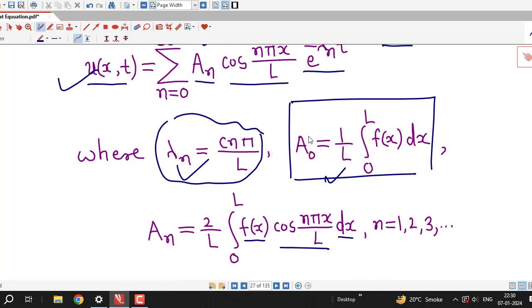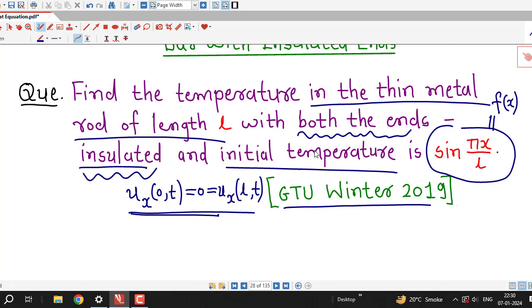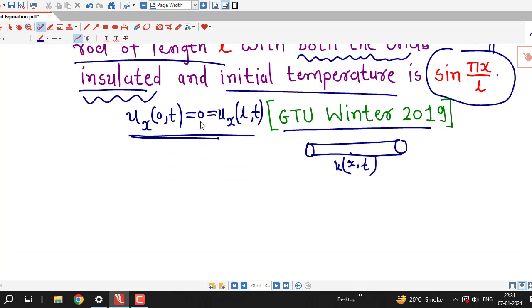So we know that whenever we are interested in the measure of temperature in the thin metal rod at any point x and t, then this problem is governed by heat equation, which is del U by del T equal to c square times del square U by del x square.